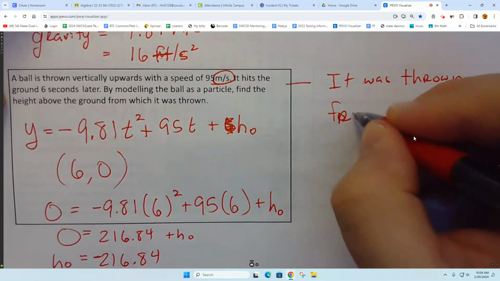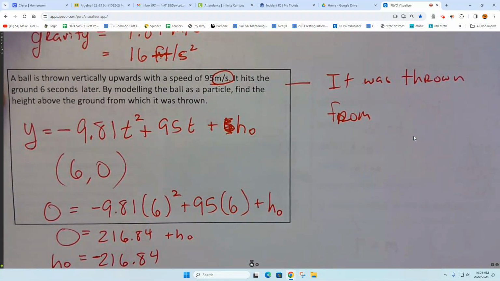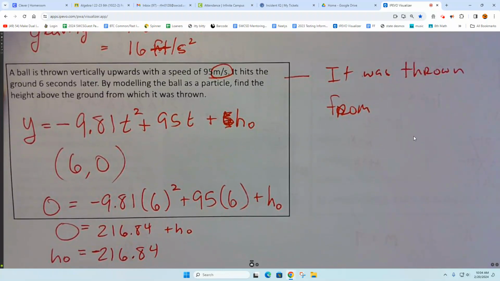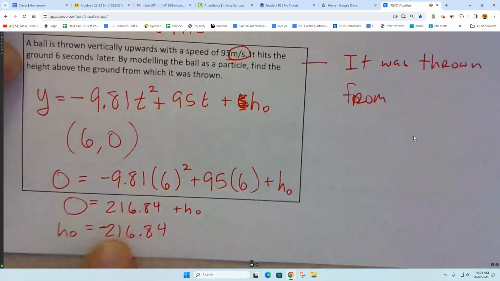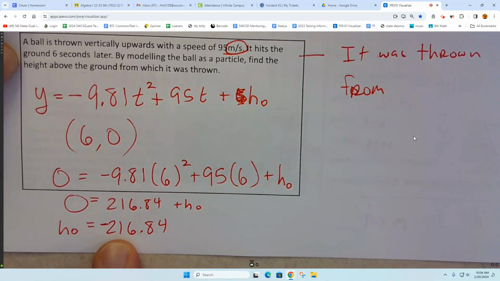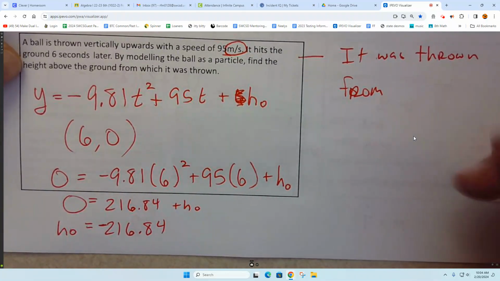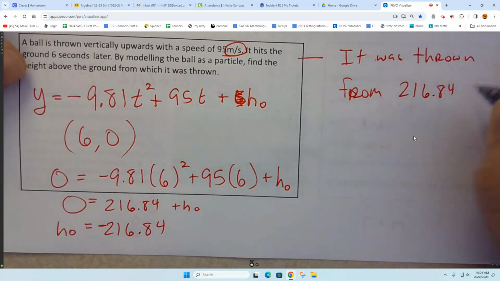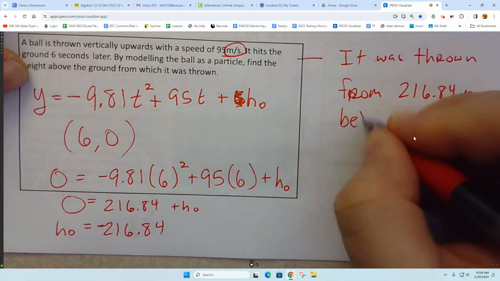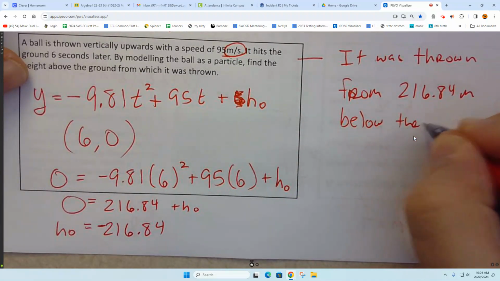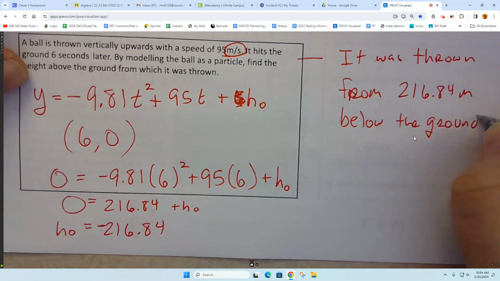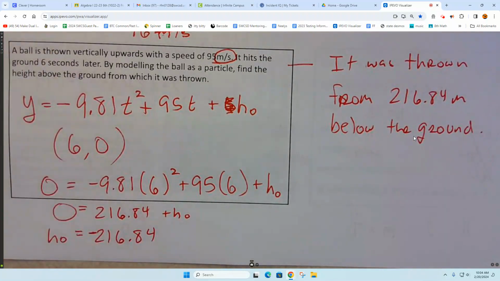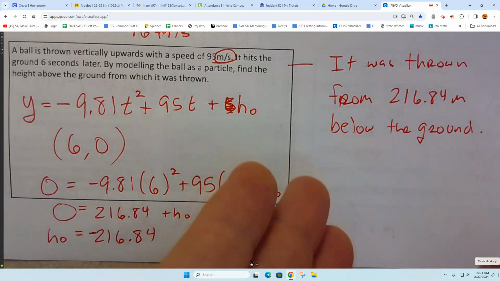What does a negative mean in this respect? Down here, this negative 216. Yeah, it's underground. It was thrown from 216.84 meters below the ground. I wrote this question, and I have a feeling I didn't mean for it to be that, but that's what the math is saying.